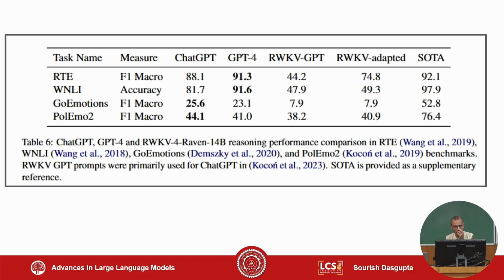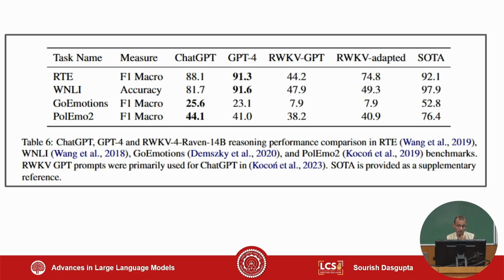And you can clearly see that the moment you do instruction tuning, Rakov's performance immediately jumps up for RTE, even to some extent for NLI, and to some extent for PALM-EMO 2, right? However, for certain reasons, GoEmotions didn't really jump up that much, and it wasn't that good, which means emotion classification is not really good when it comes to Rakov, as compared to ChatGPT.